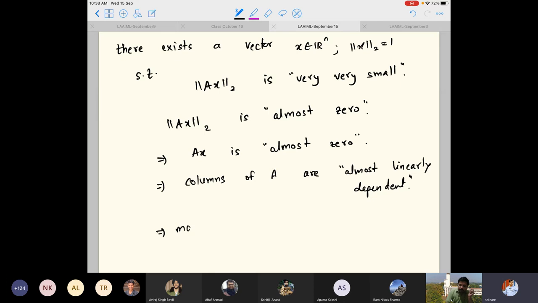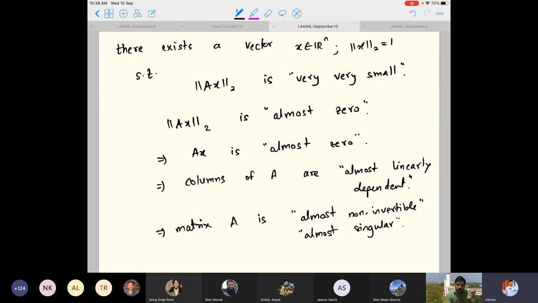That means that the matrix A is almost non-invertible, or it is called almost singular, right?